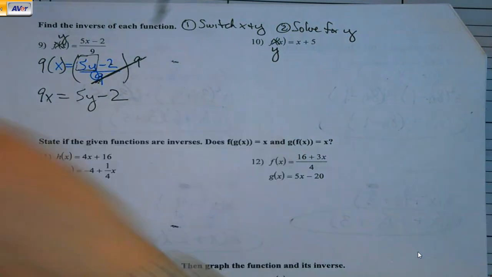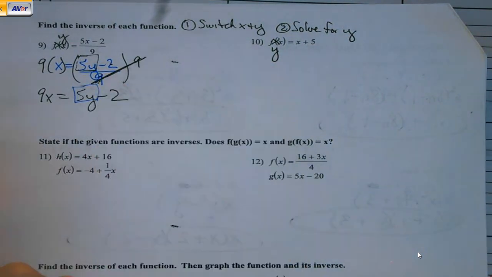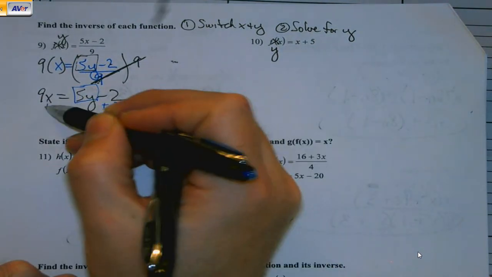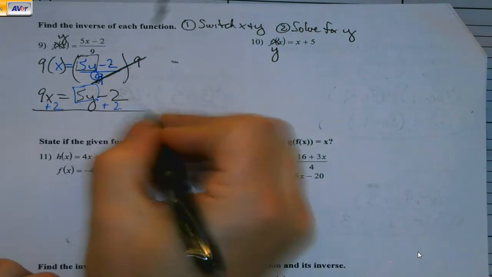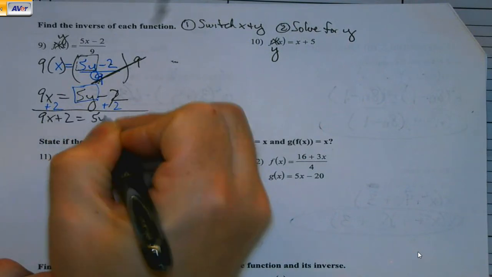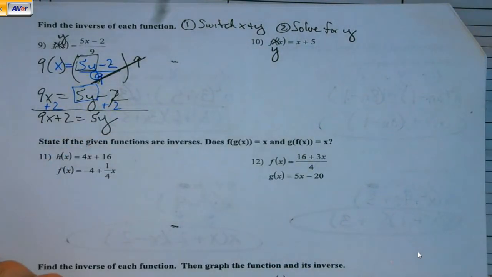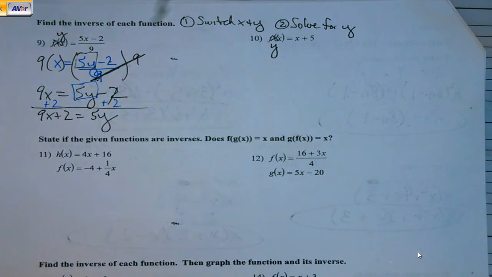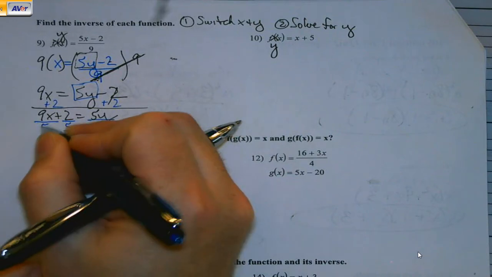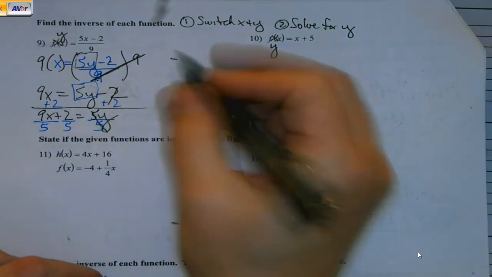Once I have this, now life should be easier. I want to get y by itself. I'm minusing 2. I do the opposite. And then my last step, going along with what we do when we've been graphing these, is to divide all of my terms by 5.